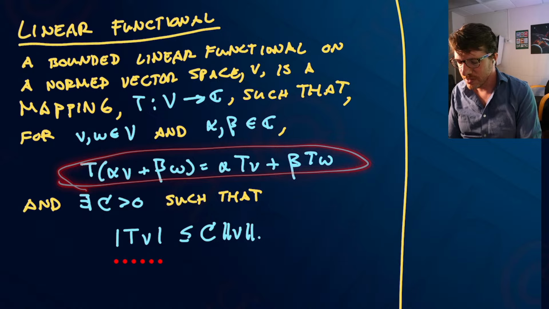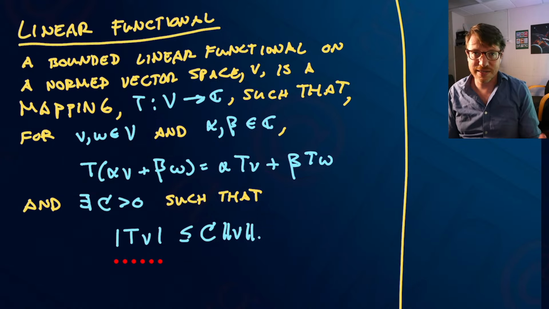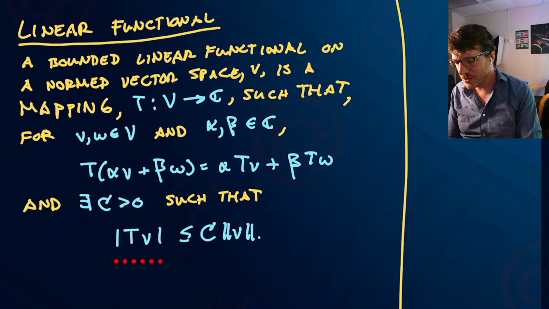That's what this means. So it satisfies this superposition property: T of alpha V plus beta W is the same as alpha TV plus beta TW.